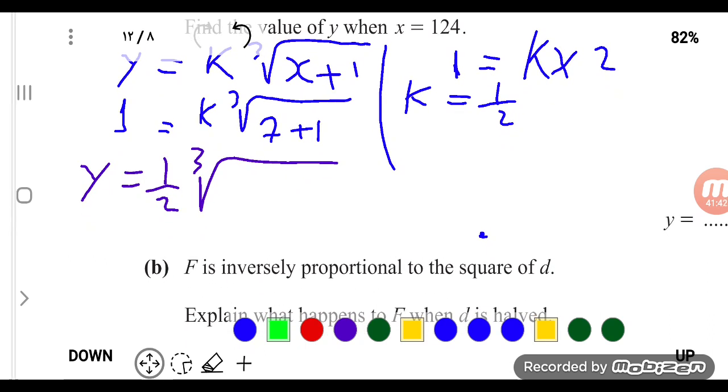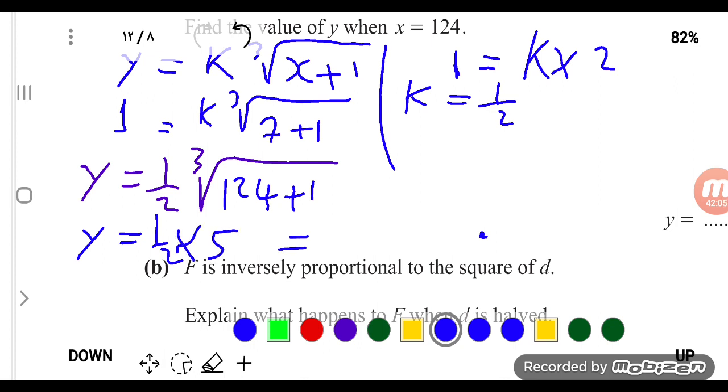So let's plug it here. 124 plus 1, and this is 125. So now you have y equal to half times cube root of 125 is 5. So times 5, and this will be 2.5. So final answer is 2.5.